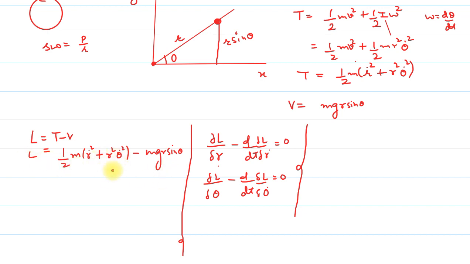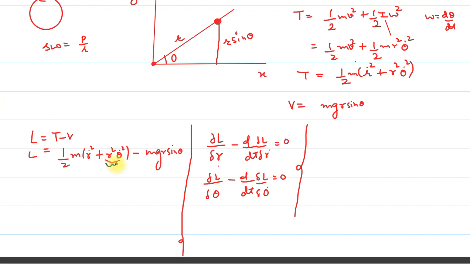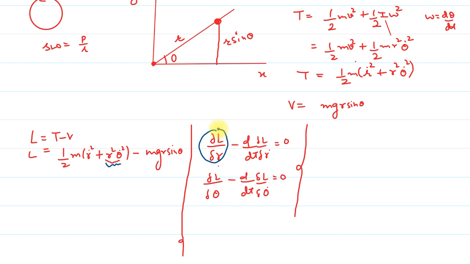So from here we can find ∂L/∂r. Students, this is the r term. First of all, we'll write for ∂L/∂r. Here we get 2 into this, so the 2s cancel.